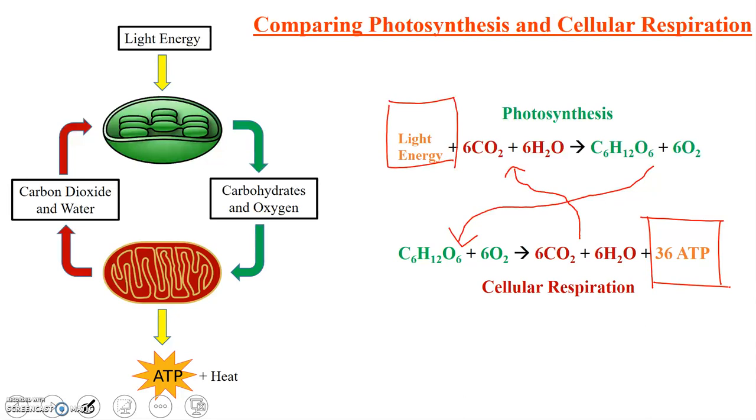The one thing that gets converted is the energy molecule. So this is how light energy is ultimately converted into a form that cells can use, that ATP molecule at the end of cellular respiration. I hope that clears up some of the comparisons, the similarities and differences between the two, kind of where they happen, and really how this is just a big cycle of energy conversion.